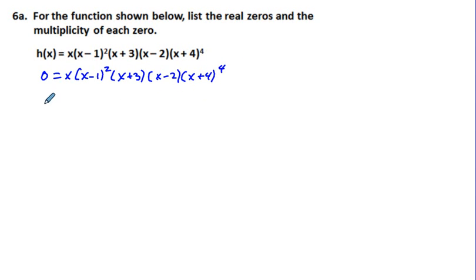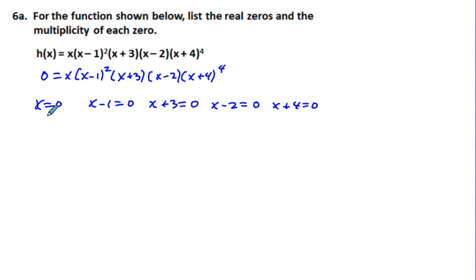So if we set each of these factors equal to 0, we have x is equal to 0, we have x minus 1 is equal to 0, we have x plus 3 is equal to 0, we have x minus 2 is equal to 0, and finally we have x plus 4 is equal to 0.